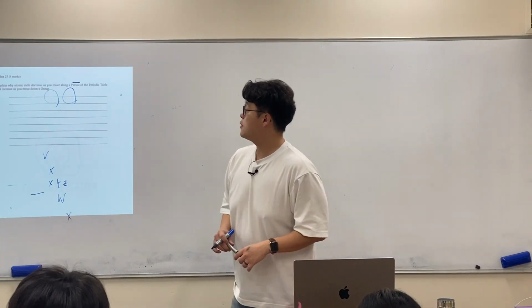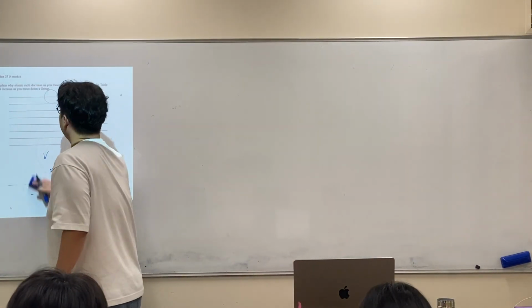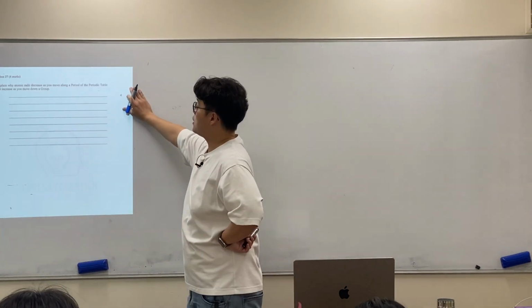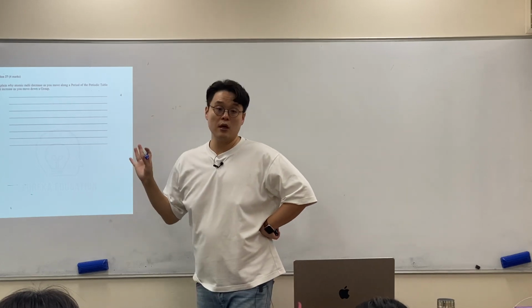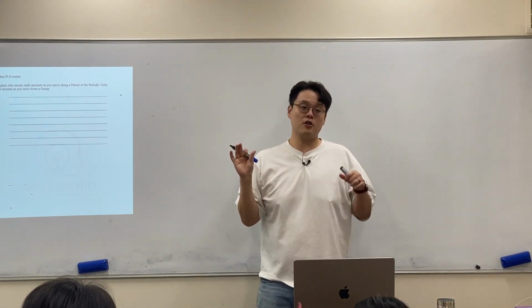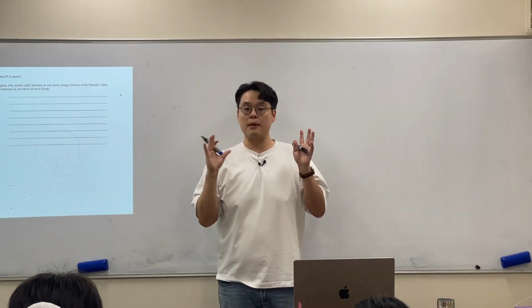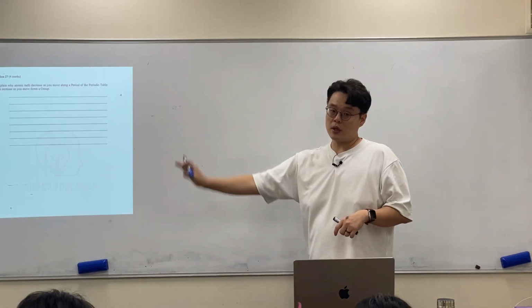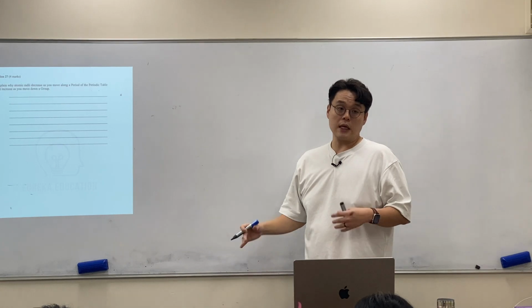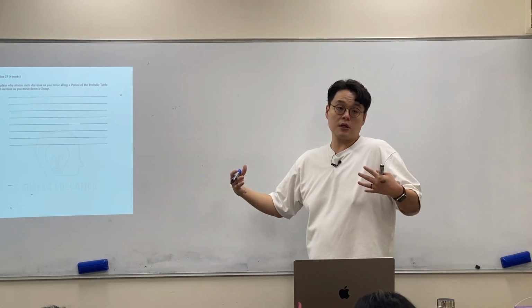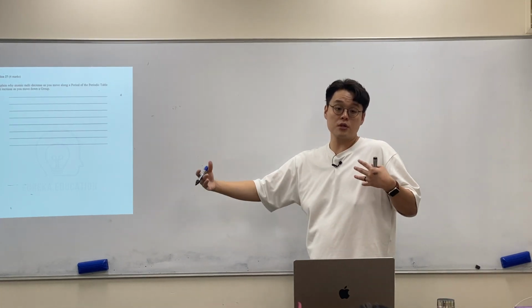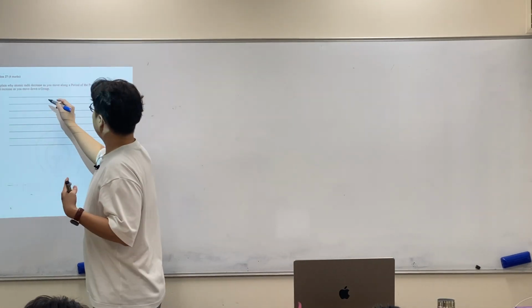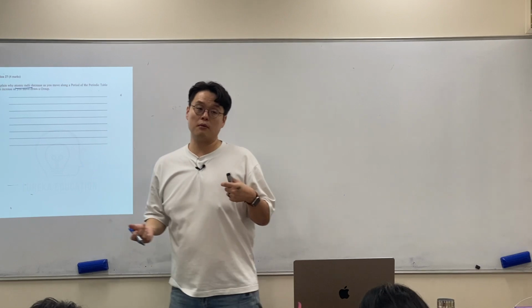Next one, 27. Explain why atomic radii decrease as you move along a period of the periodic table, but increase as you move down a group. So again, kind of easy questions because I explained that. Actually, I ask you to memorize the explanations. Going down a group, the atomic radius gets increased due to the increased number of shells.